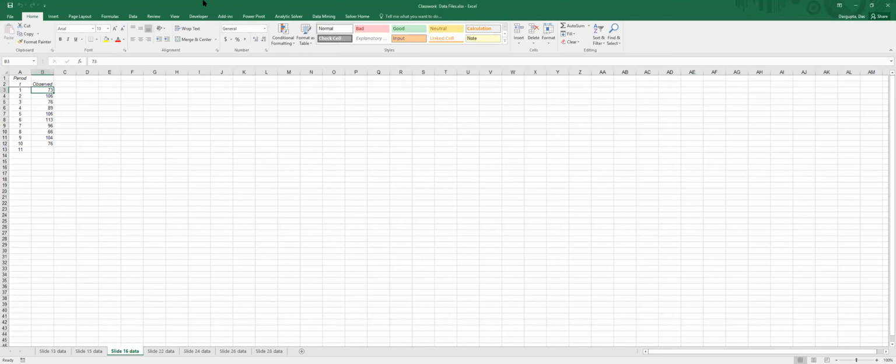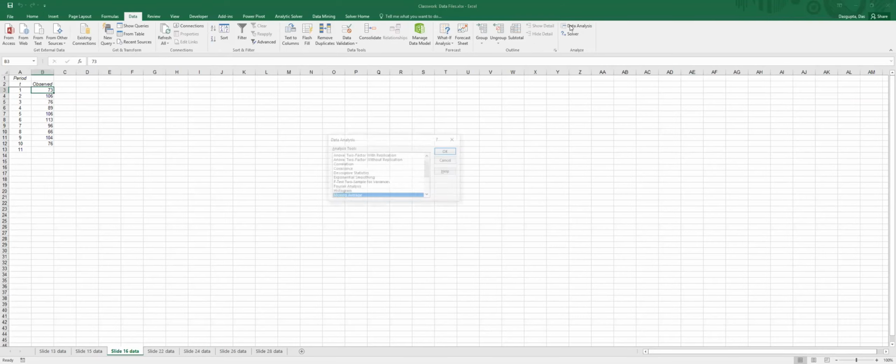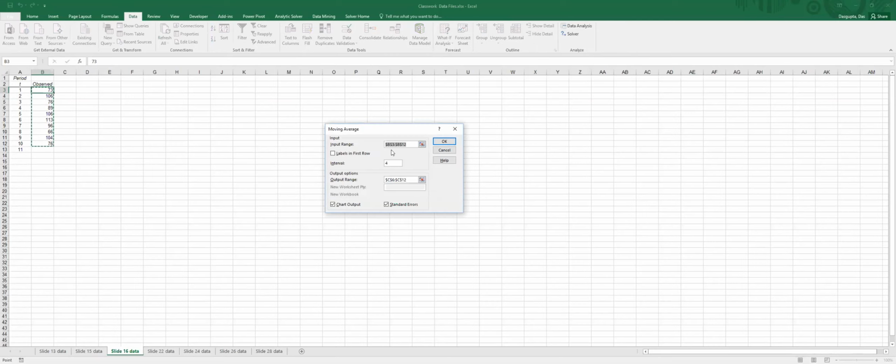I will go here. I will go to data, data analysis, moving average, okay. Input range is B3 to B12, interval 4. Output range, let's say here, I change this to do it here in this column, just side by side, chart output, standard errors.